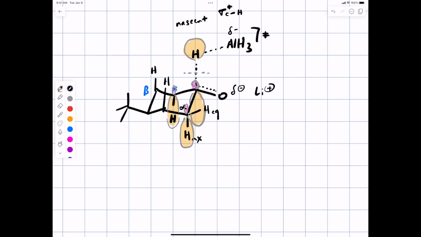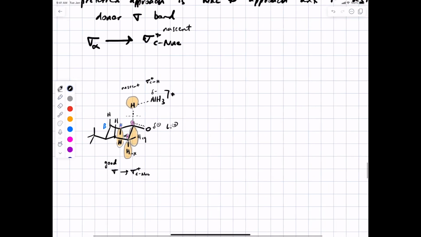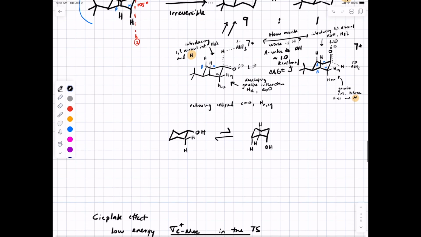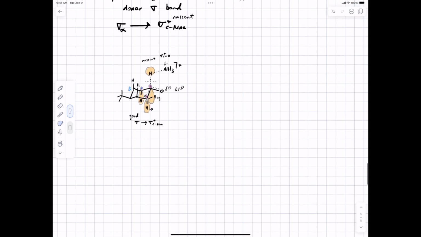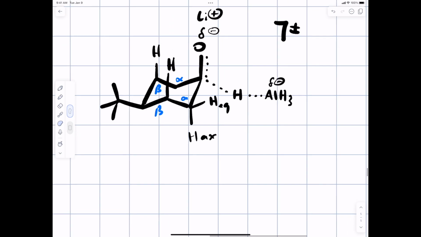Of course, this wouldn't be complete if we didn't also try to do the same thing for the other transition state. So let me just draw, close enough. Copy. Zoom in.